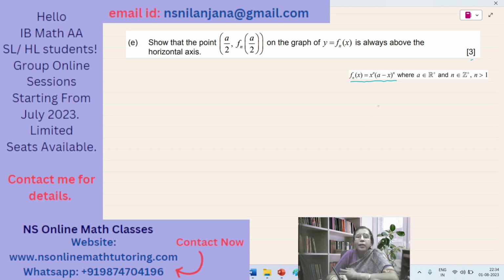We cannot use the calculator for this question because a is a variable, so you cannot graph it. Therefore, whatever we do, we have to use algebra to prove this. So let us first find what is fn of a over 2. Let me just write the fn of x expression first.